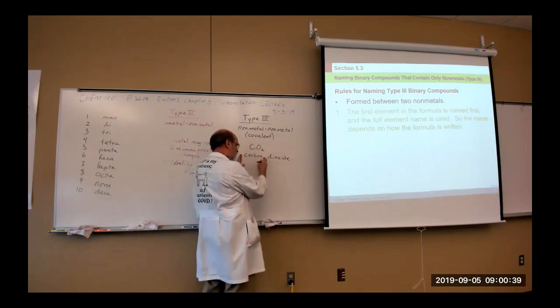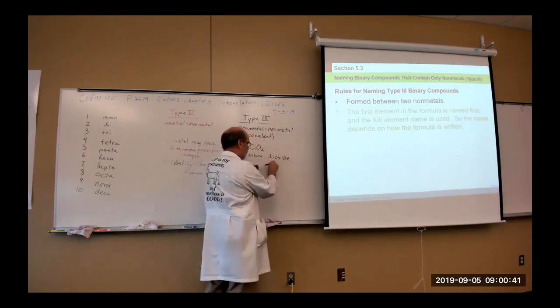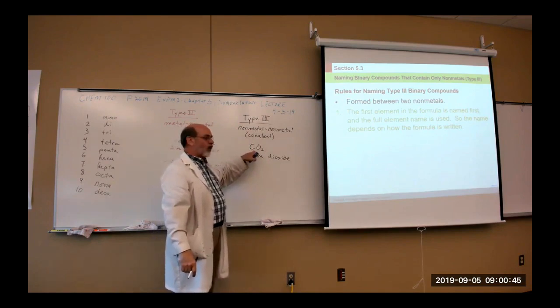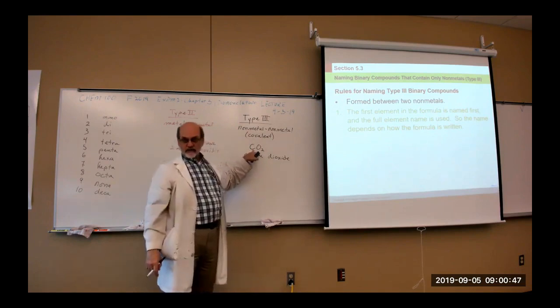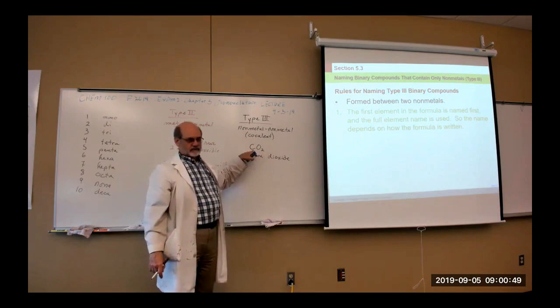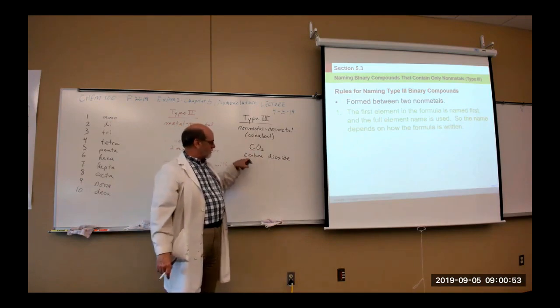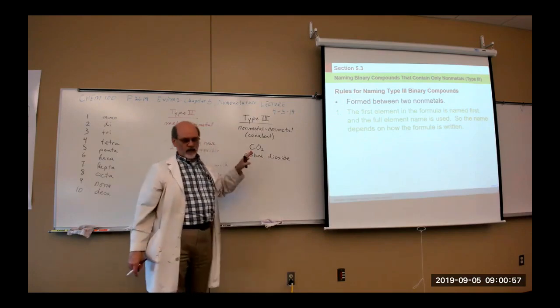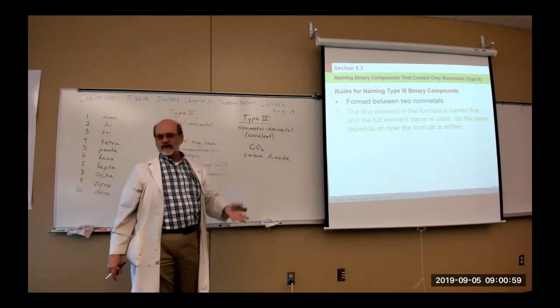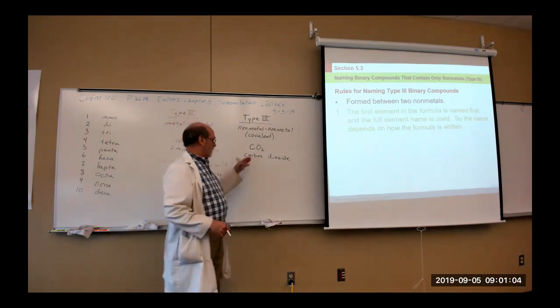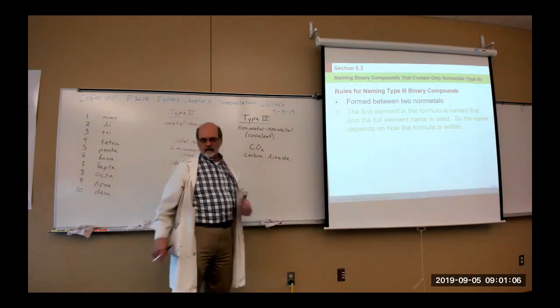So you write the carbon and the oxide and how many there are. When there's only 1 in this first position, you don't say mono. You leave the mono off. If you've got one of them there, you have at least 1, so mono is redundant. Of course, in the second position, we do say mono.